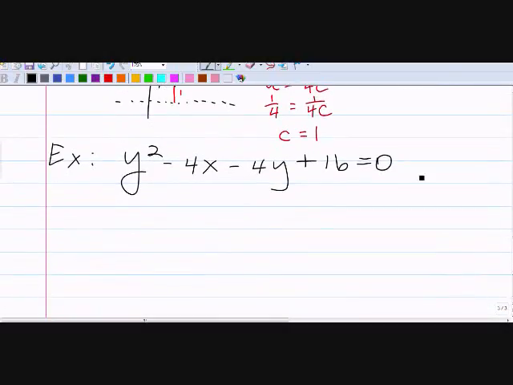All right, so let me try to solve this equation for x. I'm going to keep the negative 4x here on the left side of my equation, and I'm going to push everything else over to the right side. So I get a negative y squared plus 4y minus 16.